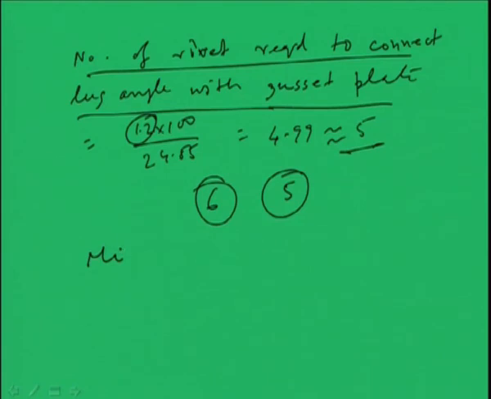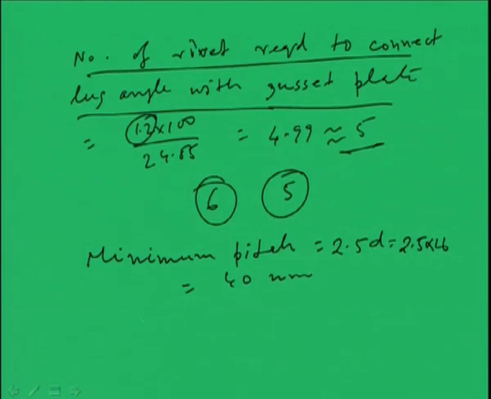Say minimum first, minimum pitch will be 2.5 d, that means 2.5 into 16, this is becoming 40 mm, right, and minimum edge distance will become 25 mm as per the codal provision.